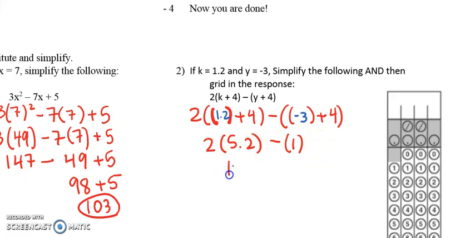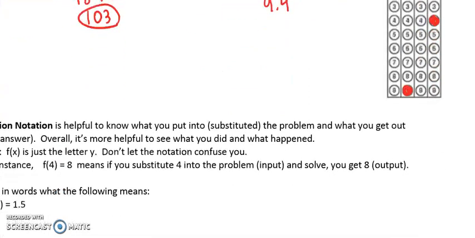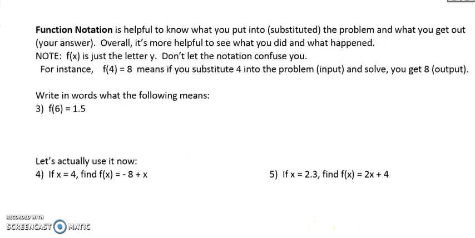So 2 times 5.2 is 10.4. Minus 1. We don't need these parentheses anymore. So 9.4 is our answer. So remember over here, we're going to write down our answer first. And then once we write it down, then we go ahead and we bubble in our response. Notice where I have it positioned. And there we go. Remember, if I go too fast, you can go back and rewatch too.